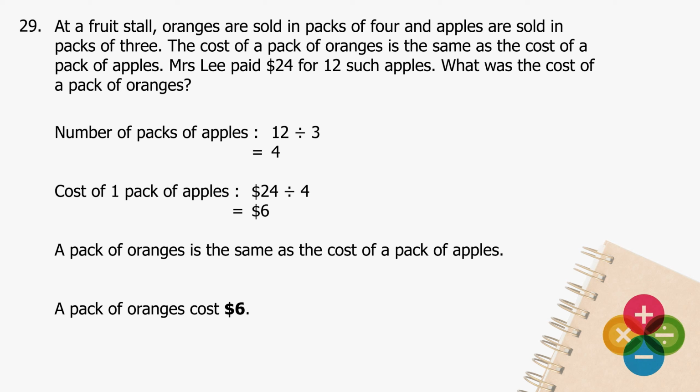The number of packs of apples will be divide 12 by 3, and the quotient is 4. The cost of 1 pack of apples will be divide $24 by 4, and the quotient is $6. A pack of oranges costs the same as a pack of apples. A pack of oranges costs $6.